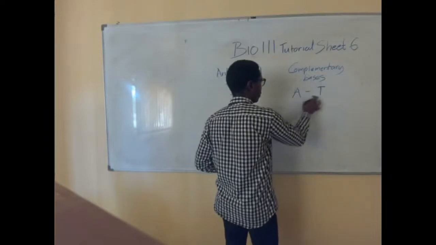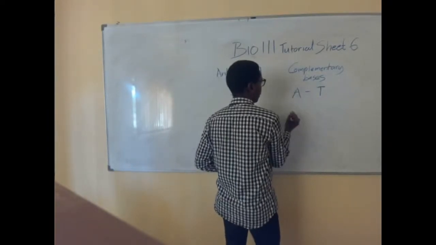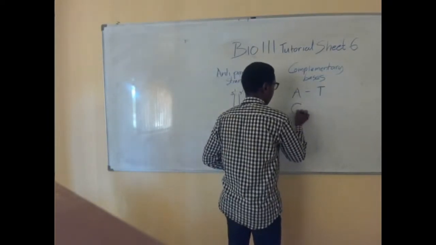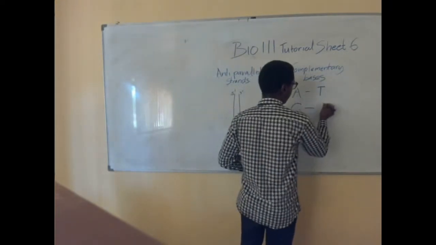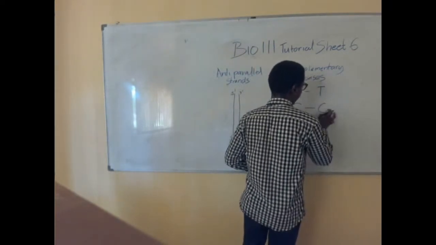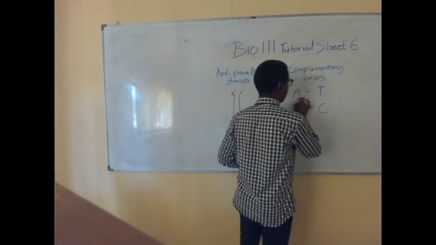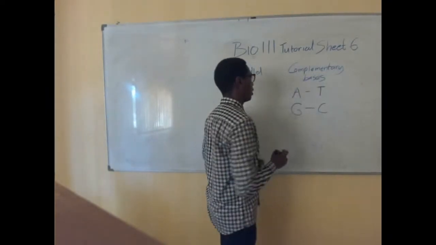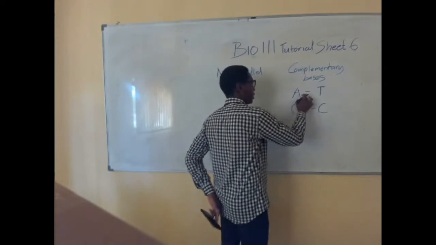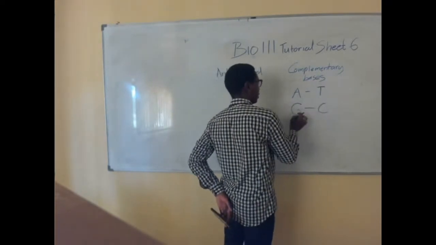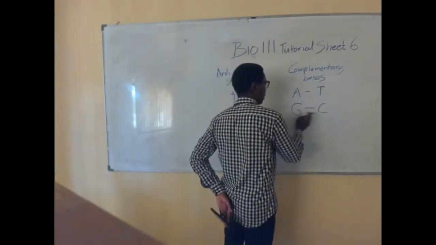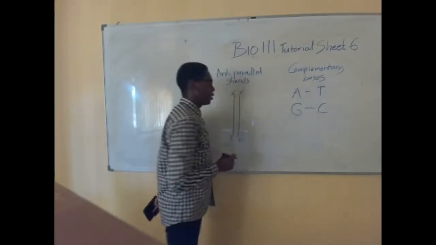Adenine will only form hydrogen bonds with thymine in DNA, and guanine will only form hydrogen bonds with cytosine. This is what is known as base pairing. So hydrogen bonds will only form between adenine and thymine, and guanine and cytosine in DNA.